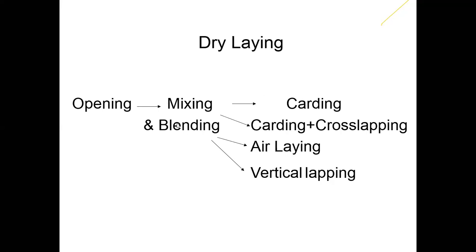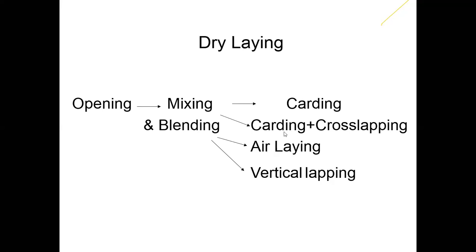Then mixing and blending is there. Then we have carding. So you all know the carding process. The carding plus cross lapping. So cross lapping is the process to prepare a bed.